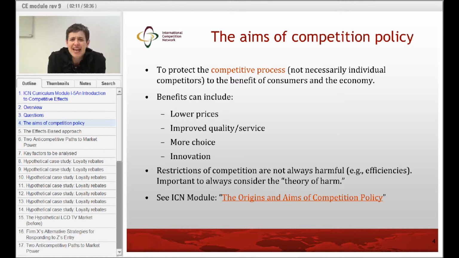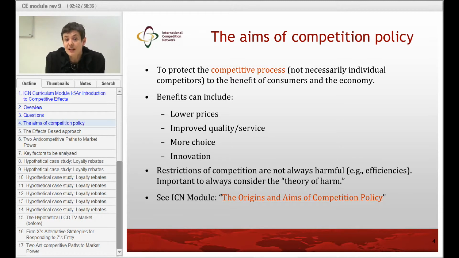The overarching aim of competition policy is therefore to protect this process of competition, albeit not necessarily individual competitors, to the benefit of consumers and efficiency. Those benefits can include lower prices, but they can also include better quality or service, greater range, or even more innovation in new products. That said, more competition is not always better.